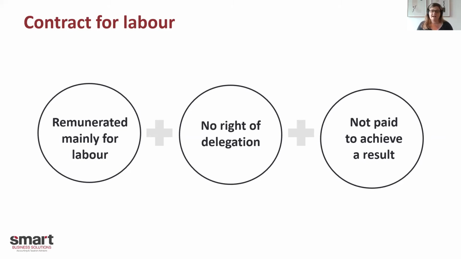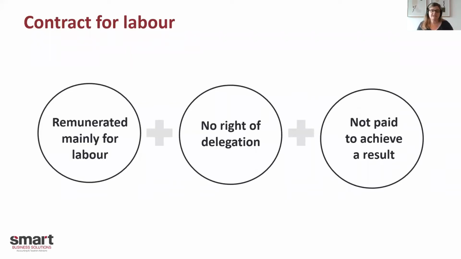paid on that. They would have no right of delegation, so there's no ability for that contractor to delegate the work to another party. And they're not paid to achieve a result. When you have a contractor come in and you say, complete that kitchen for me, you're paying them for a result.